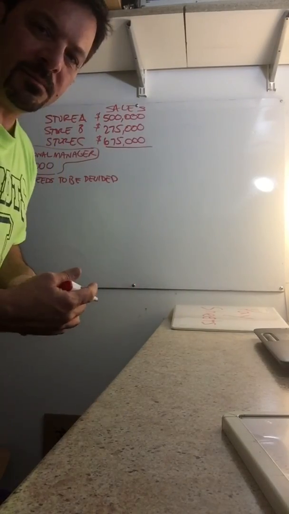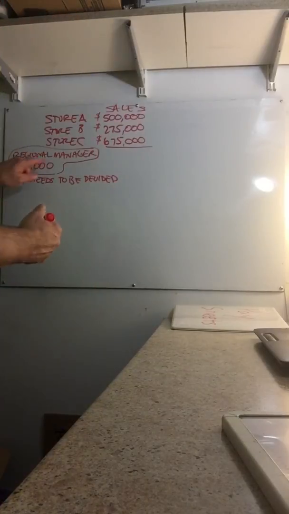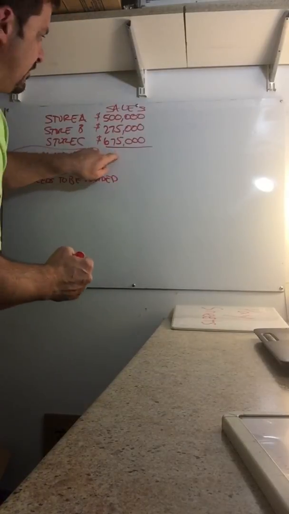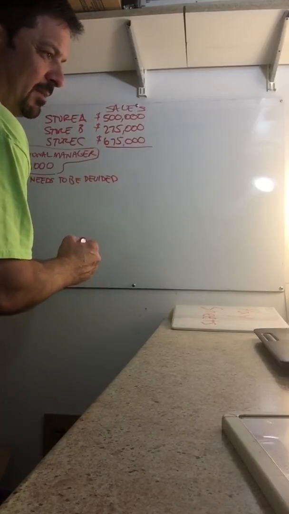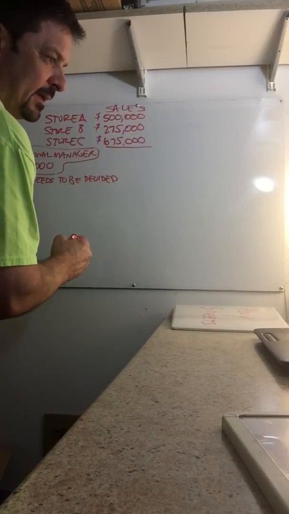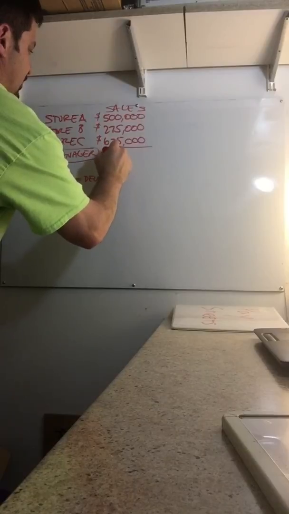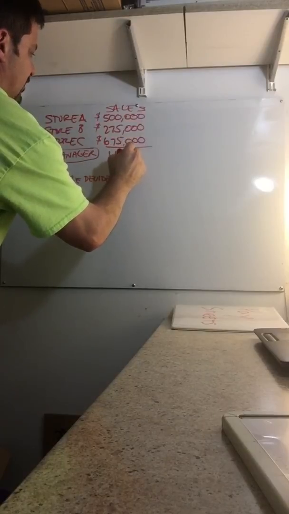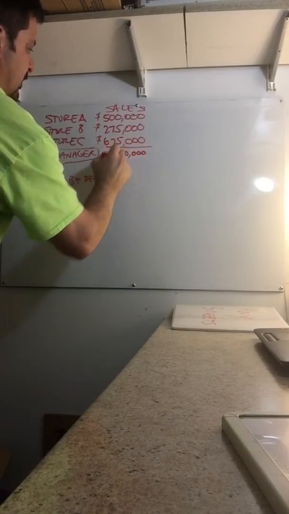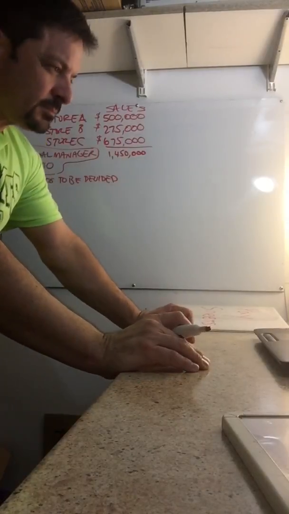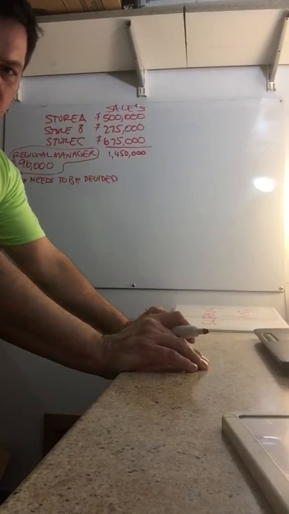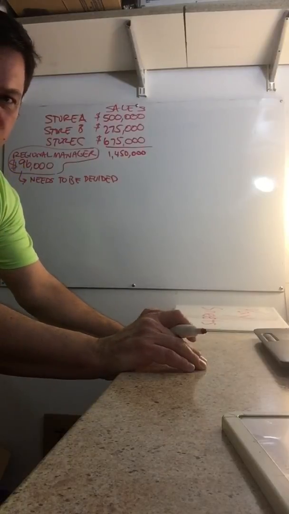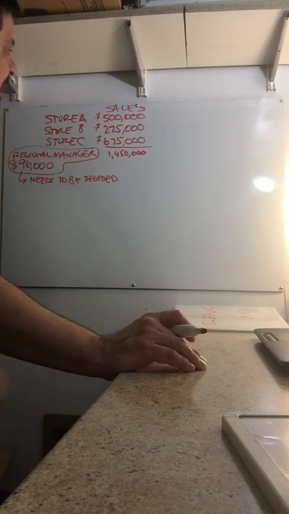So we have to divide it up more logically. First, we add up all of these, and you're going to get $1,450,000. That would be step one: how much are all the stores combined?